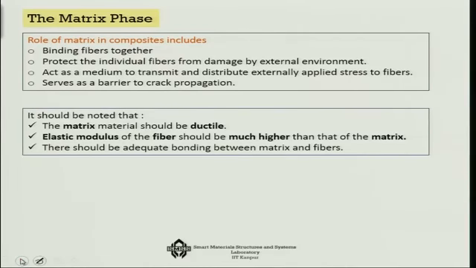Now, what is the role of the matrix phase? First thing, with the fiber you cannot develop a structure, so you need something to develop the structural integrity. So the matrix works for binding the fibers together.